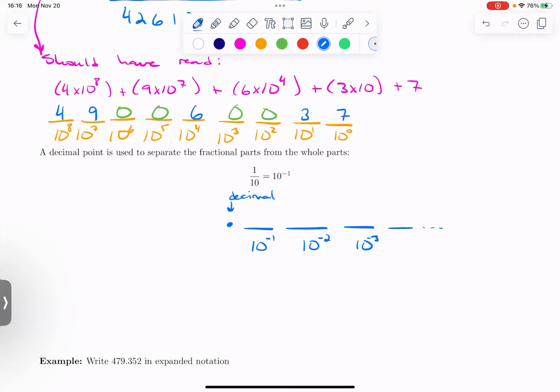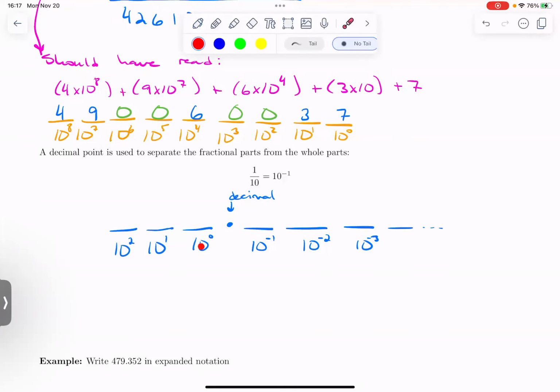But it behaves in the same way, where I just take what's on top and I multiply it by 10 to the negative 1, 10 to the negative 2, 10 to the negative 3. And of course, on this side, I have 10 to the 0, 10 to the 1, 10 to the 2.